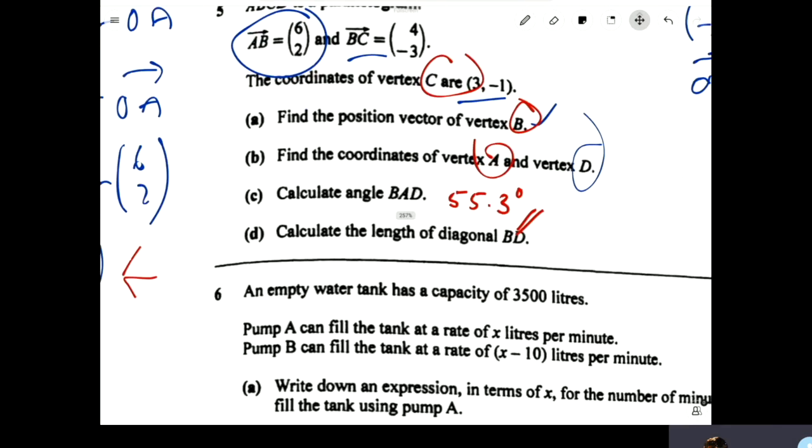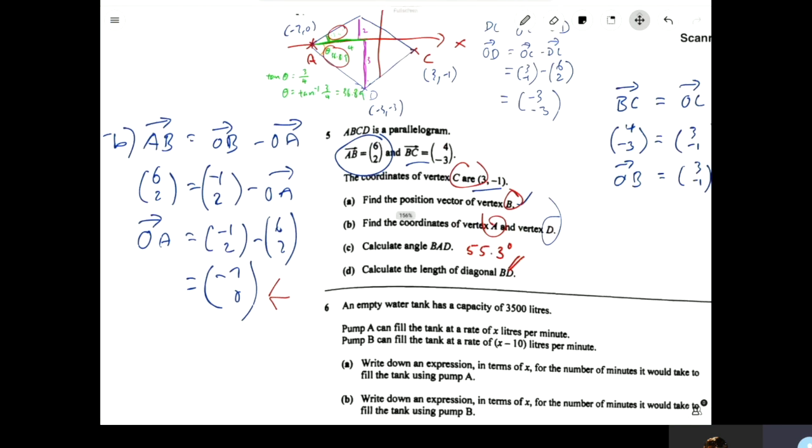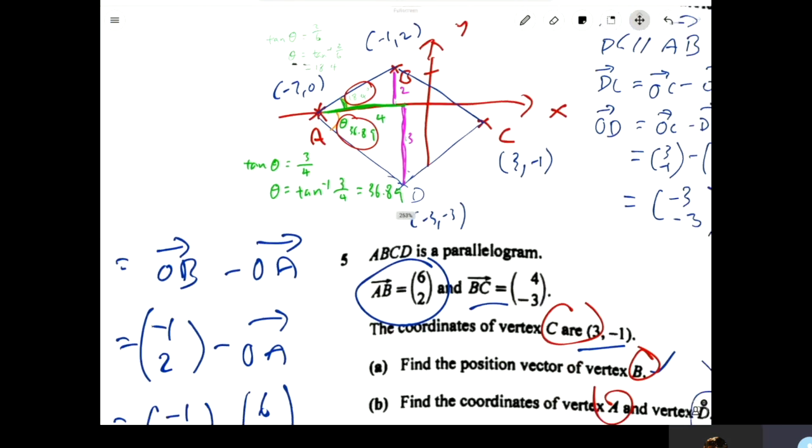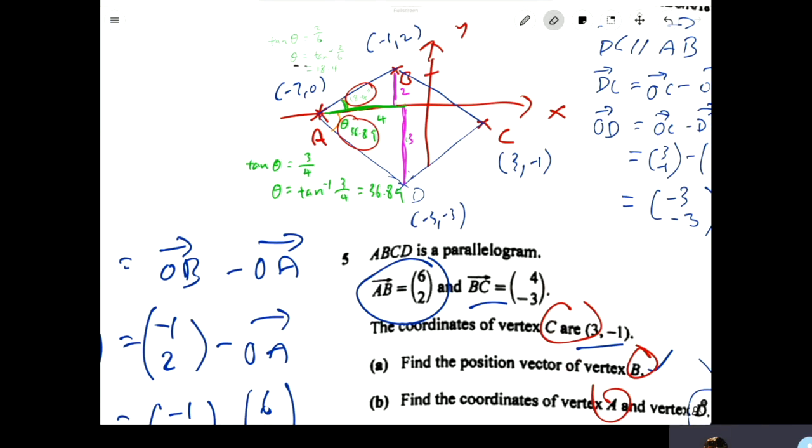Next, find the length of diagonal BD. Where is BD? Okay, diagonal BD. Where's the diagonal BD?